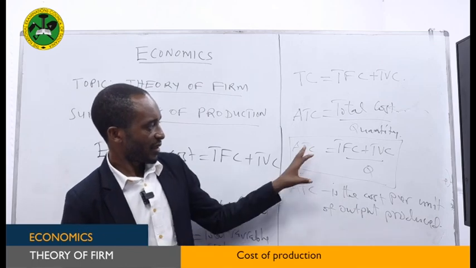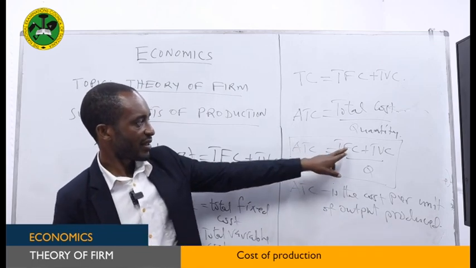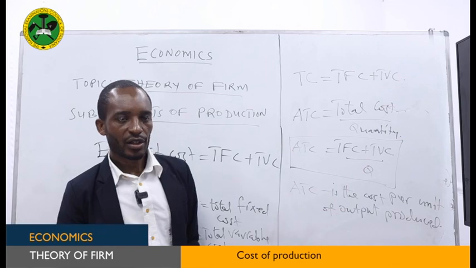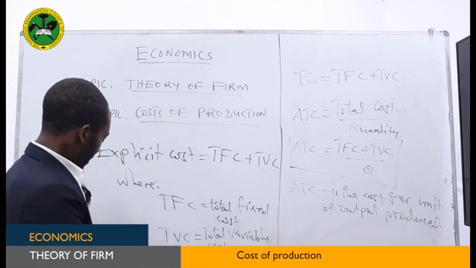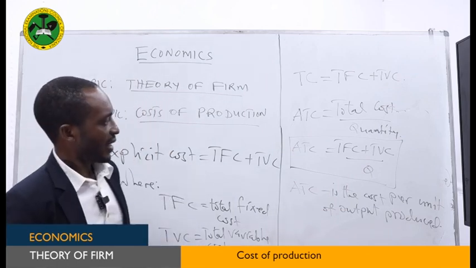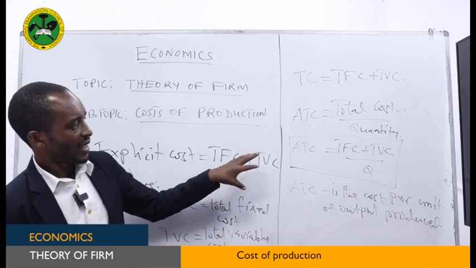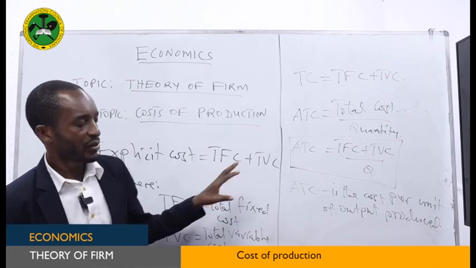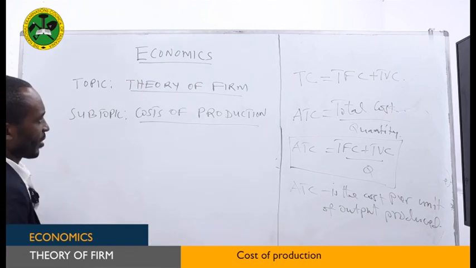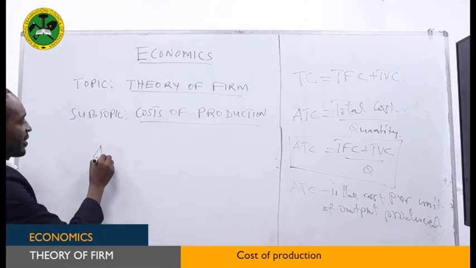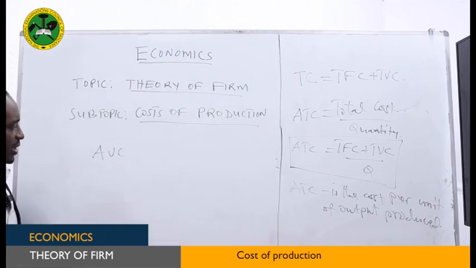You can get this average total cost by taking the total cost divided by Q. Another concept we need to discuss is average variable cost.